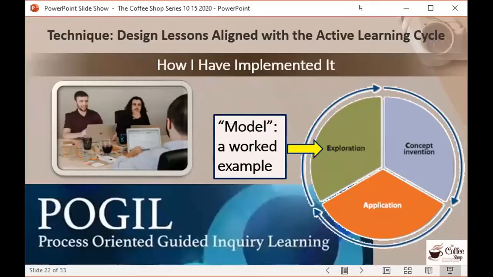The next stage in a POGL exercise is the concept invention. And students go and look at what they answered about the model, and then they try to summarize that. And often this takes the form of defining some of the vocabulary words that they looked at that were pointing at different aspects of the example.